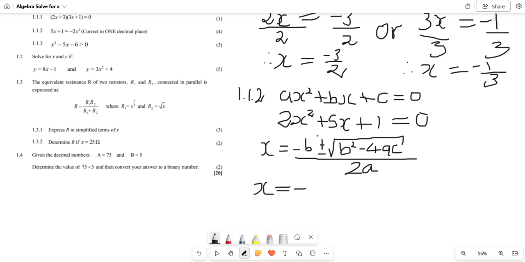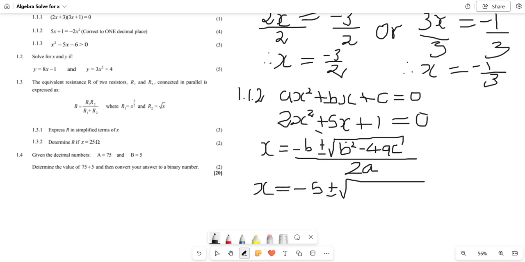The number before an x and its sign is a positive 5. Then the value of b becomes a positive 5. Plus or minus the square root, we write that value of b again.